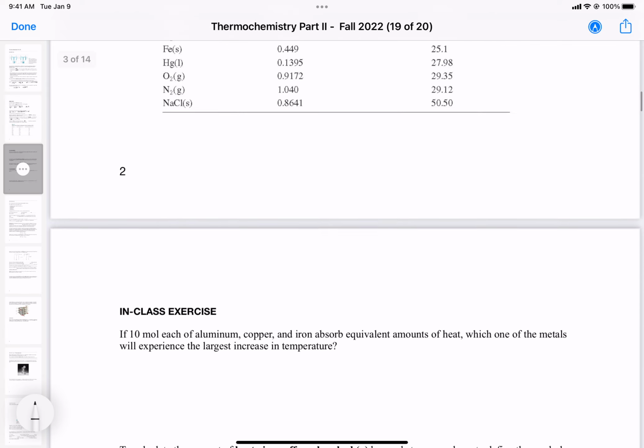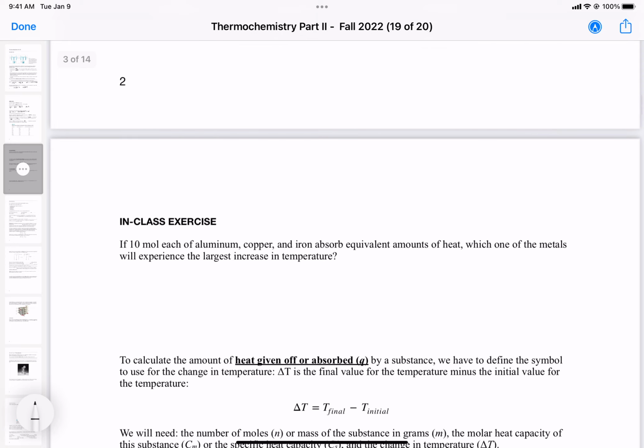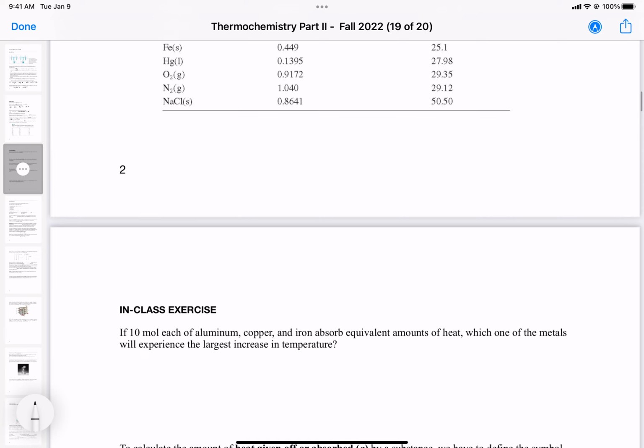All right. So now let's do this exercise here about heat capacities. If 10 moles of aluminum, copper, and iron absorb equivalent amounts of heat, which one of the metals will experience the largest increase in temperature? Okay, so let's go back to our list here.